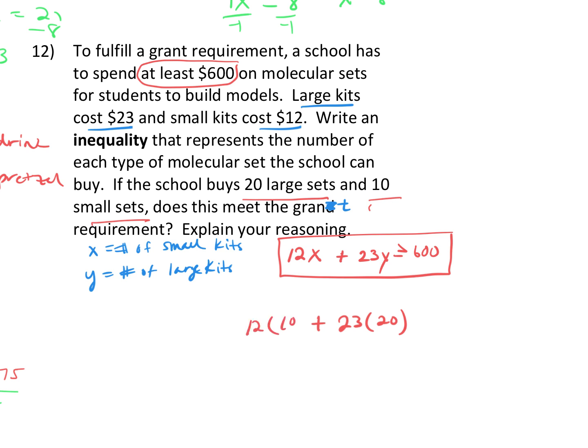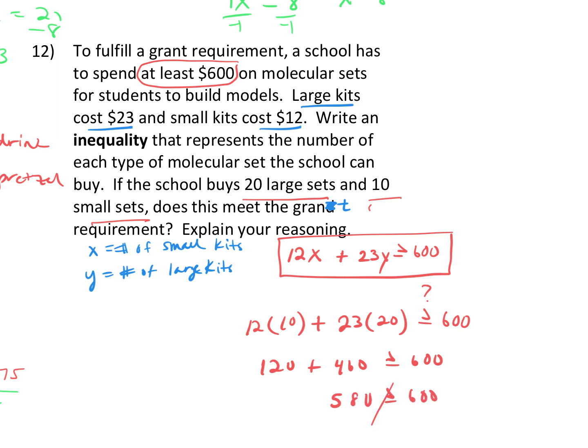So 12 times 10, our small set. Is this greater than or equal to 600? That's what we're trying to figure out. All right, 12 times 10 is 120 plus 23 times 20 is 460. Is this greater than or equal to 600? 460 plus 120 is 580. Is that greater than or equal to 600?